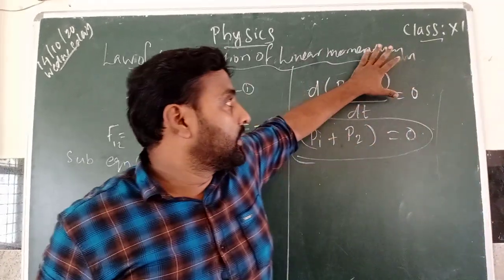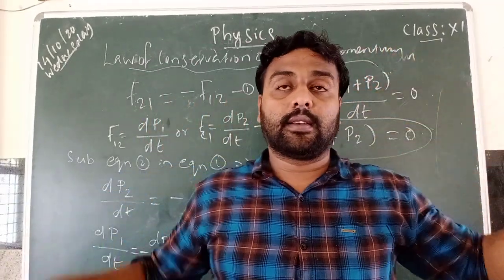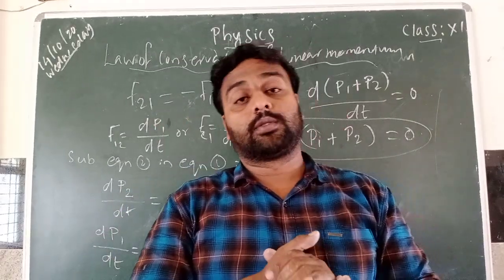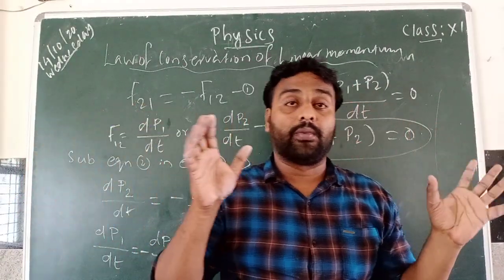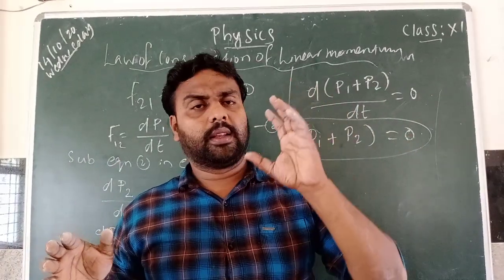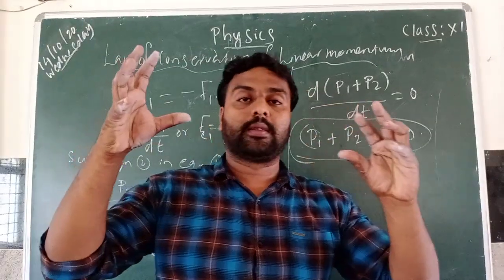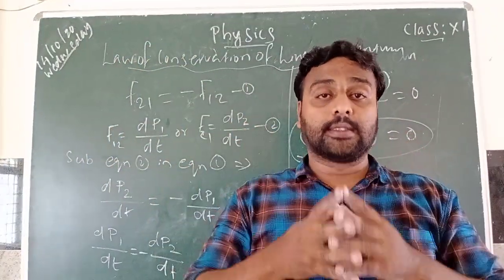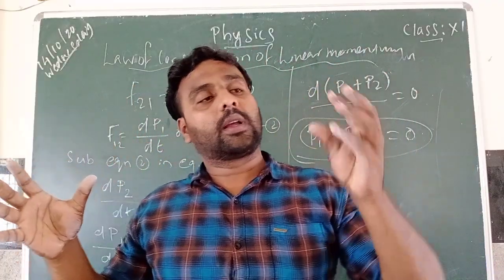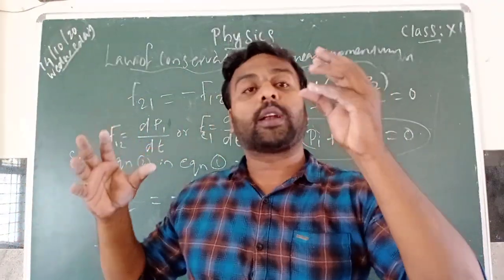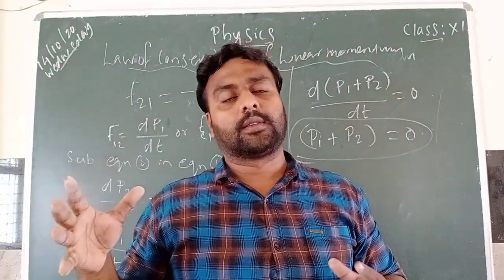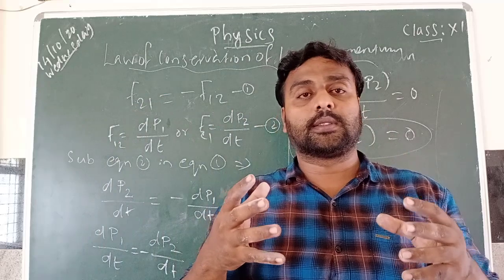Along with the derivation and the sentences, you have to write this example also. Consider the firing of a gun. In that, gun plus bullet is a system. Before firing, the gun can be considered particle P1 and the bullet P2. So the gun and bullet form our system.